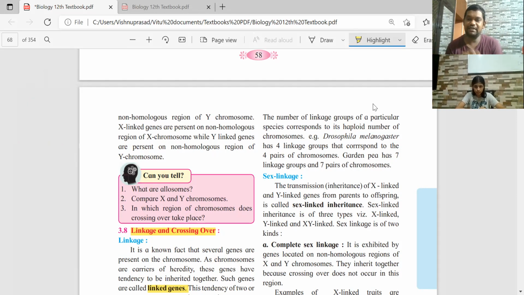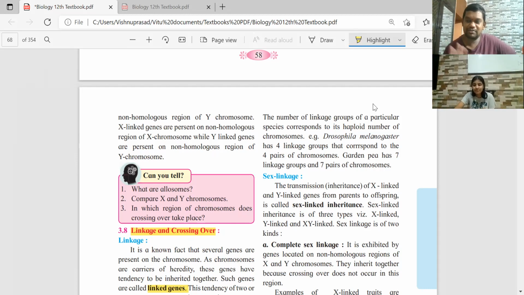We call them completely linked genes. The set of all such genes which are completely linked, उसको बोलते हैं linkage groups.